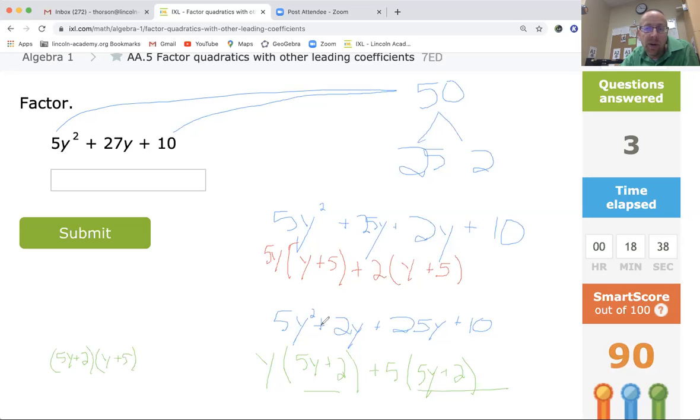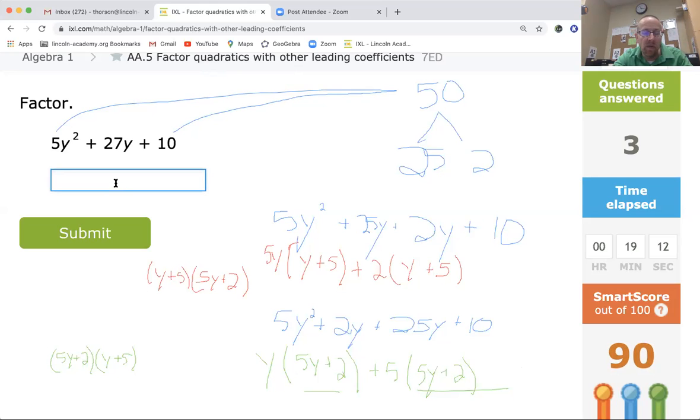Where on the top one, if I change back to red, I'd factor out the y plus 5, which would leave this 5y plus 2. So it's exactly the same, it flops the order of the two sets of parentheses, but it gives you the exact same answer. So don't feel like you have to have the 5y in front. It doesn't really matter the order. And when you type it in up here, it doesn't matter the order you type it in. I could type in either one.